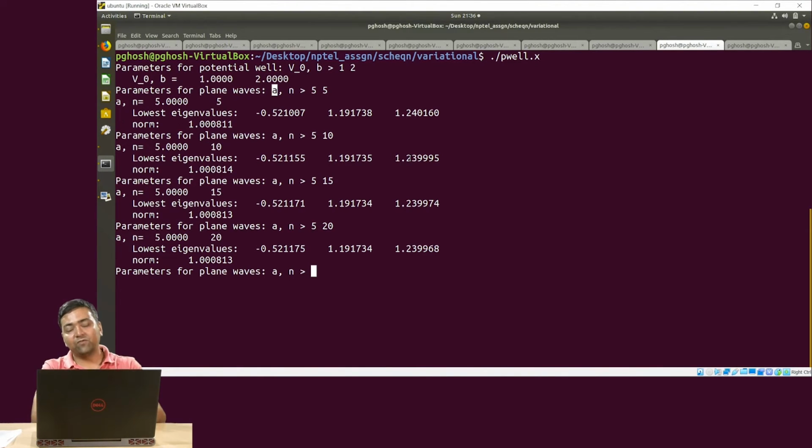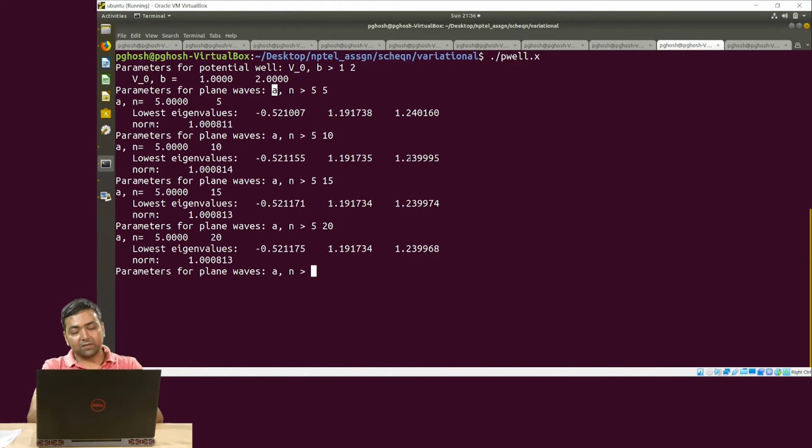Similarly, a non-zero value from minus b by 2 minus a to plus b by 2 minus a. These potentials are fictitious, because the actual potential has a non-zero value only between minus b by 2 and plus b by 2. So, these are called periodic images.